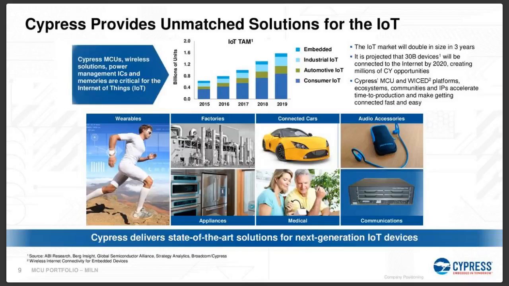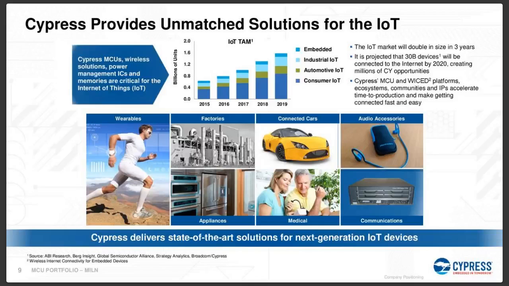You can see in this slide we show factory implementation. So the industrial market, the automotive market, we certainly do a lot of designs for automotive with the CAN and automotive temperatures, a variety of consumer electronics, medical electronics, appliances, but we also do a lot with wearables.